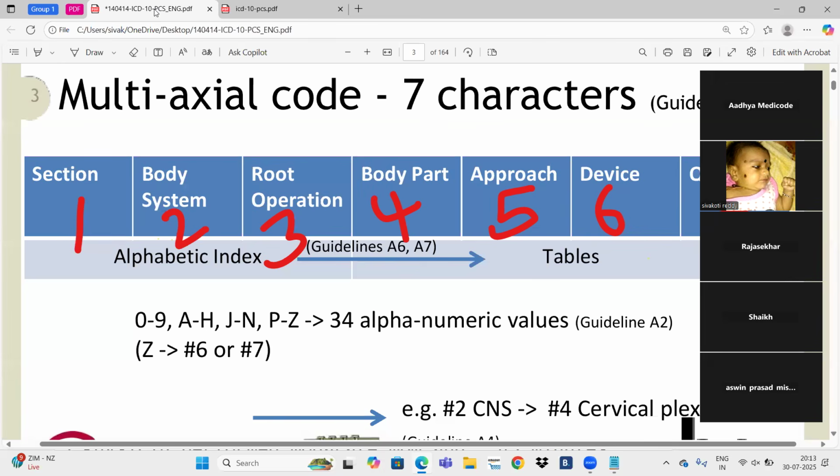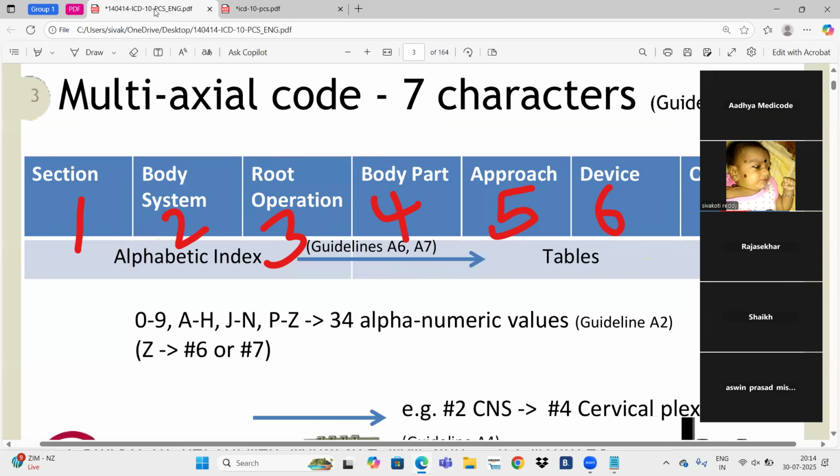The first character is section. Second character name, body system. Third character name, root operation. Fourth character, body part. Fifth character name, approach. Sixth character name, device. Seventh character, qualifier. In the 7 digits of the PCS code, we have a specific meaning for each character.